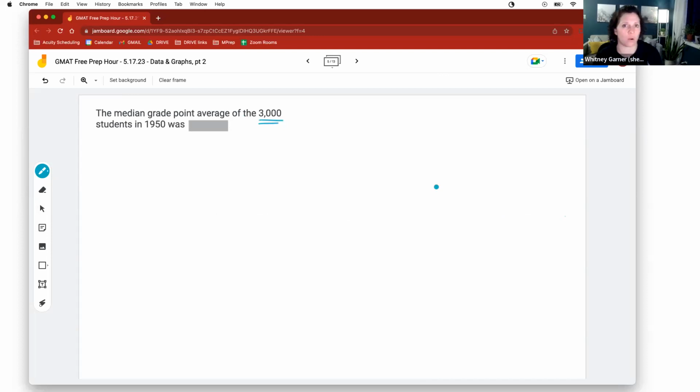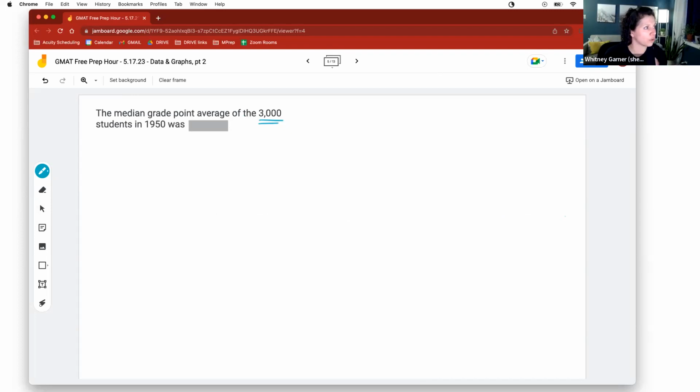What value are they going to get ordered by? Like how am I going to put them in order? The median of what? Yes, exactly. So the median grade point average, that means I need to order them by GPA.